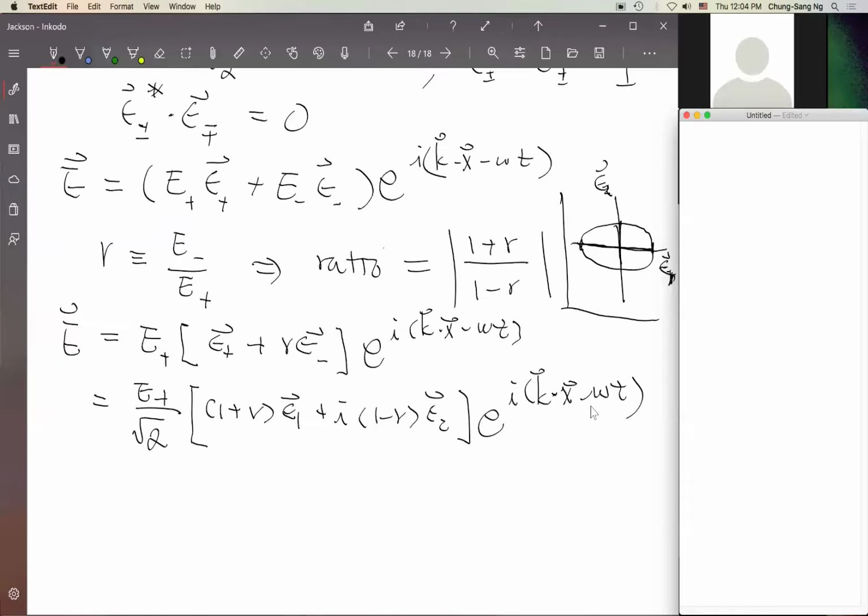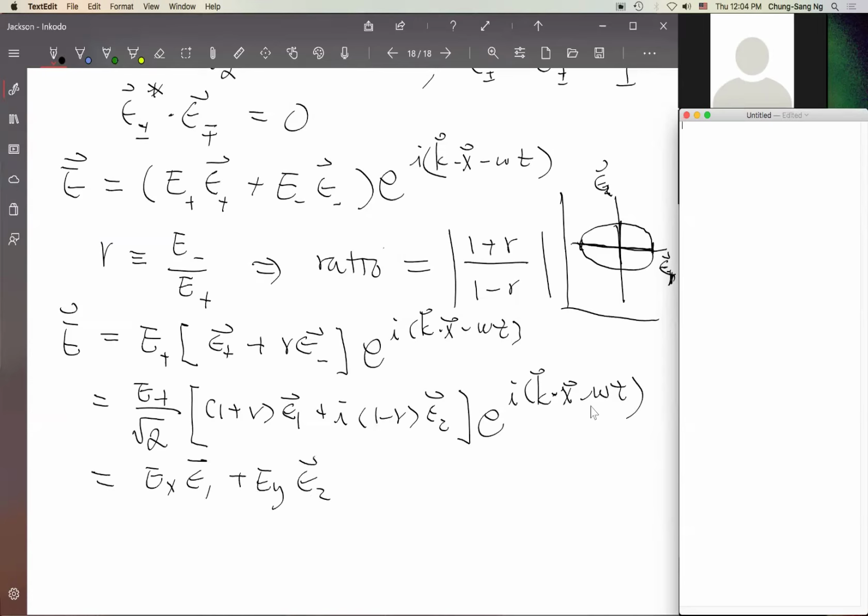So you can write it like EX and EY. So basically, you can write it as EX epsilon 1 plus EY epsilon 2.